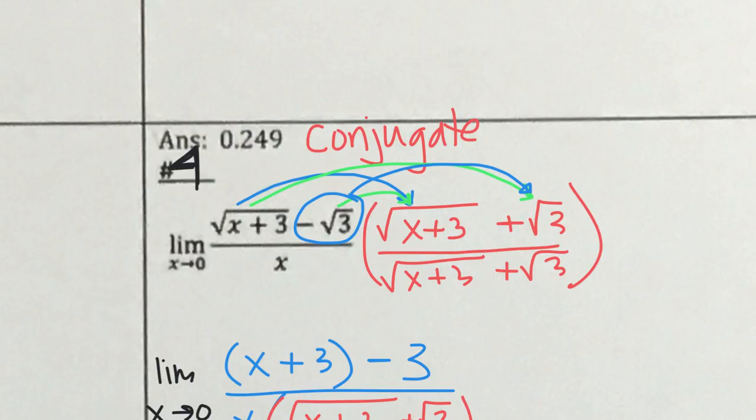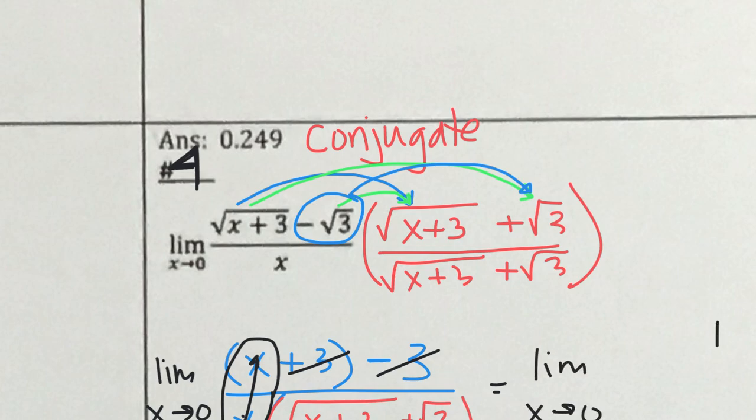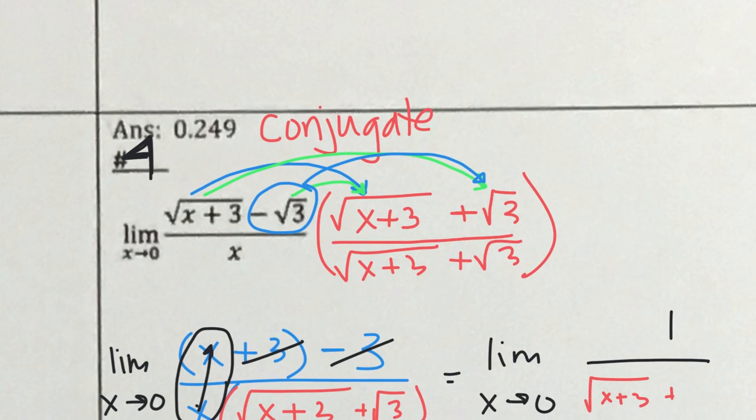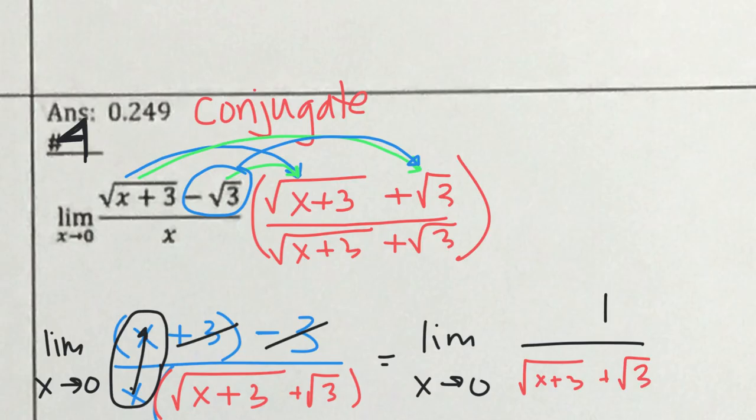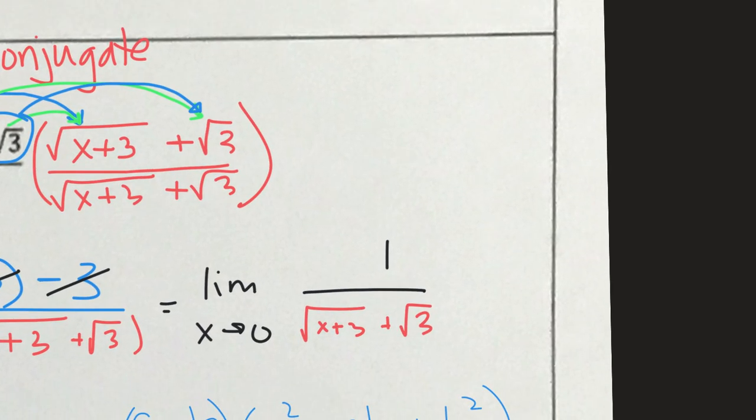So looking at the algebra, 3 minus 3 is 0. And then x divided by x is 1. Okay, so we're really looking at the limit as x approaches 0 of 1 over this ridiculous denominator, root x plus 3 plus root 3. Okay, which hopefully now, if we do direct substitution, we can take our 0 and put it in for x.